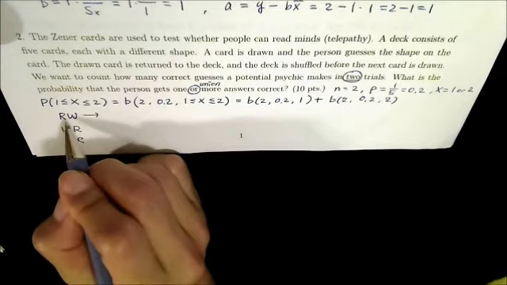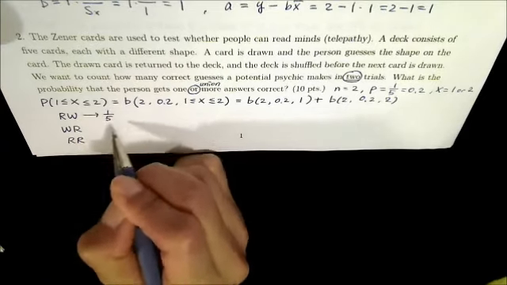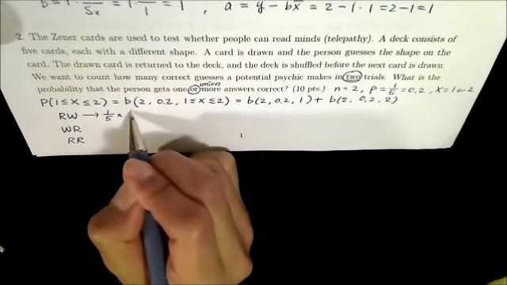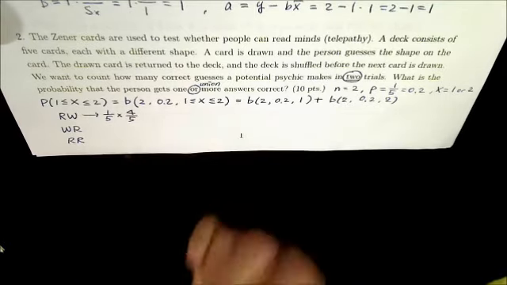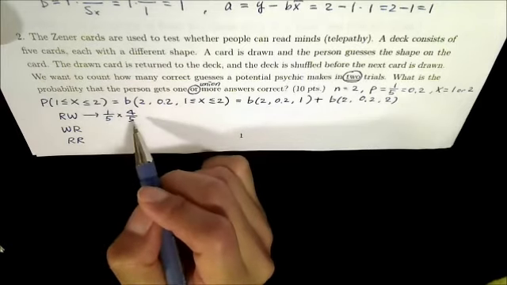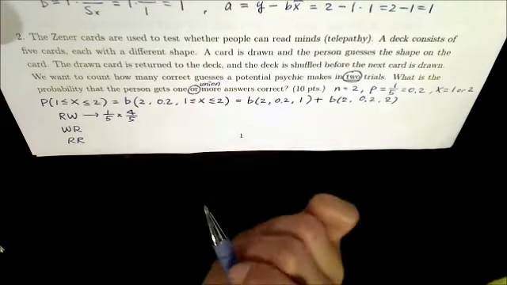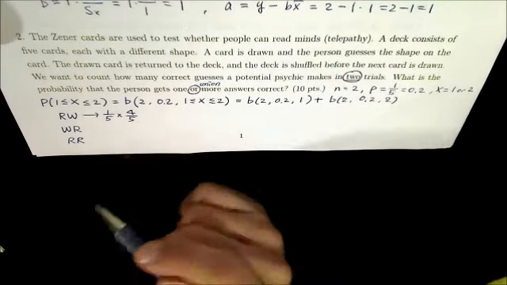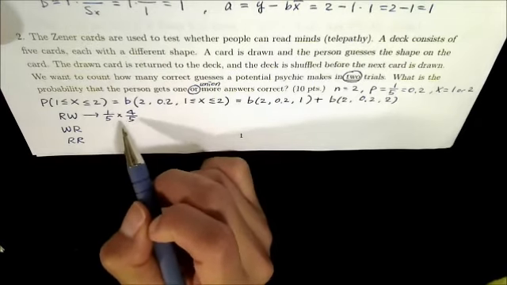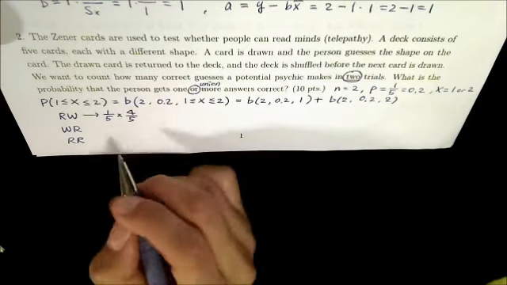For the first case, the probability of success is 1/5 times the second one being wrong, 4/5. Why? Because the probabilities of success and failure should sum to 1. So if the probability of success is 1/5, then the probability of failure is 1 minus 1/5, which is 4/5.